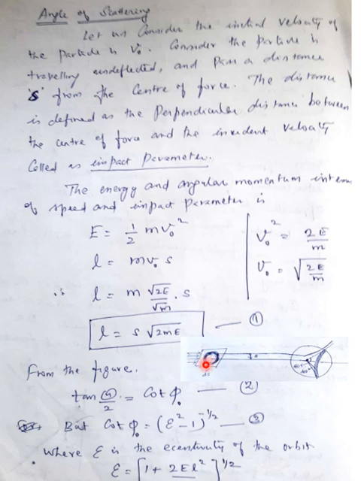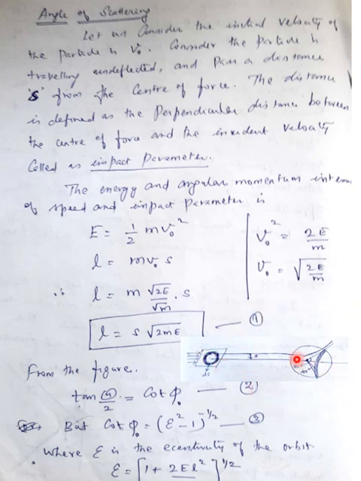This distance is the perpendicular distance between the center of the force and the incident velocity. It is otherwise called the impact parameter.